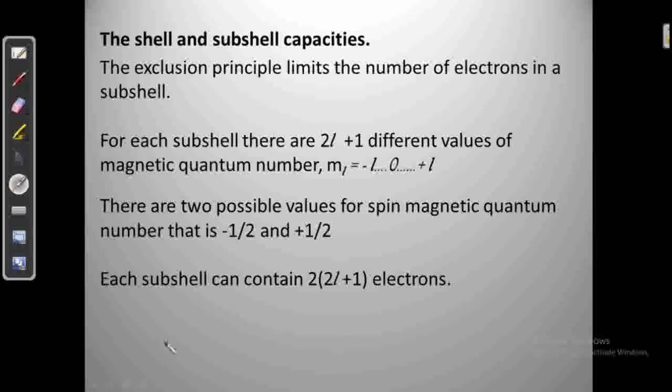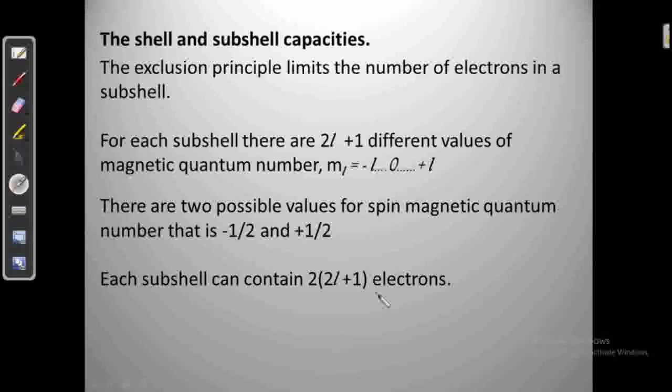So in a subshell, there are 2L plus 1 different values of ml, and in each ml you can accommodate 2 electrons. So the total number of electrons in each subshell can be written as 2 into 2L plus 1 electrons.